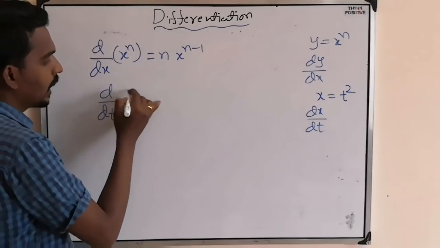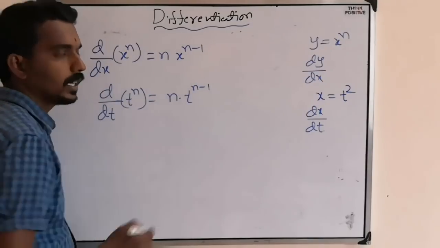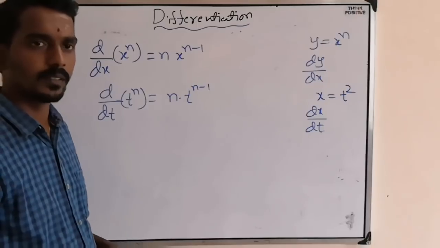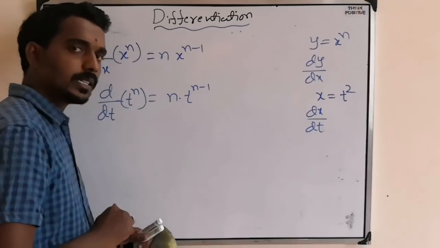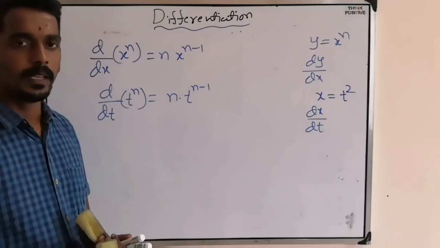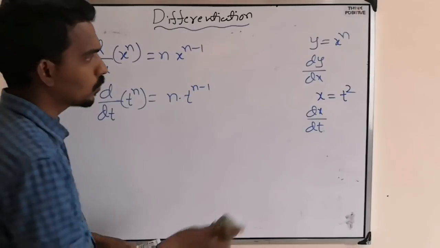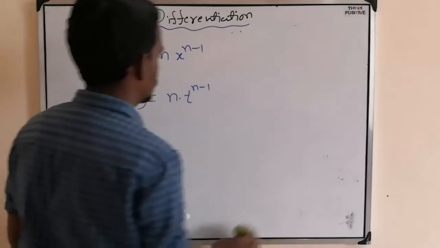Similarly, d by dt of t power n will become n into t power n minus 1. So if you remember these formulas, you can solve the questions. So remember and then apply it. That is what we need to do.